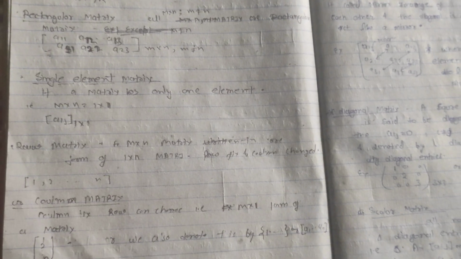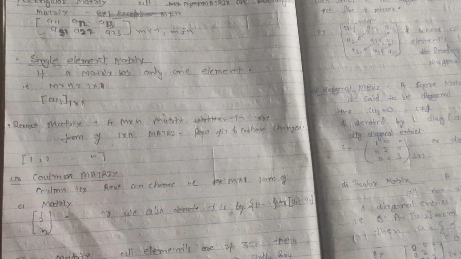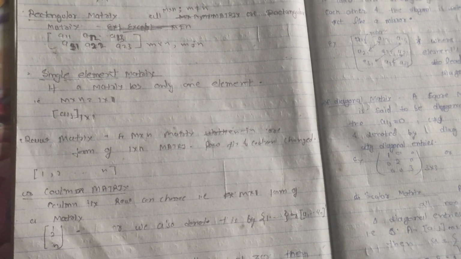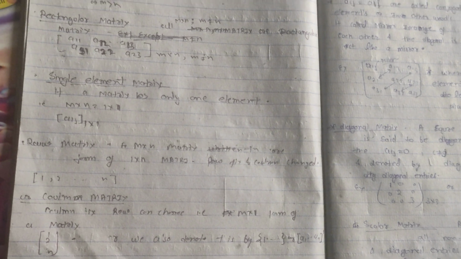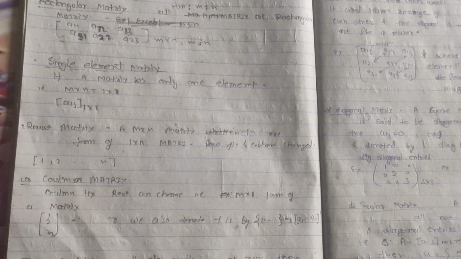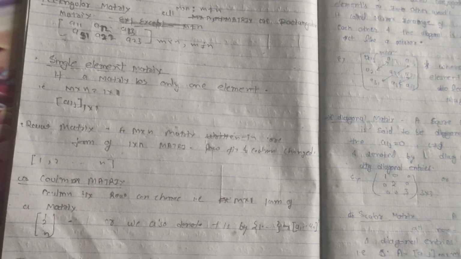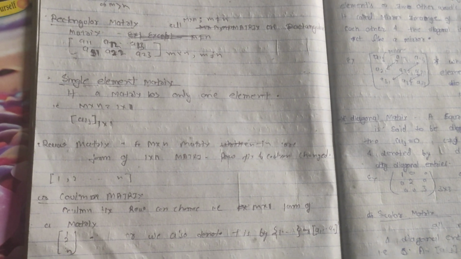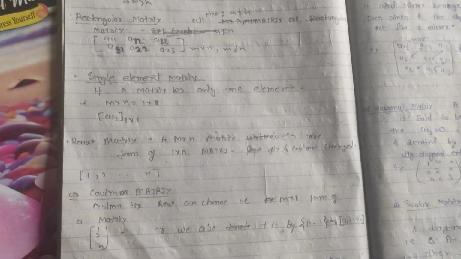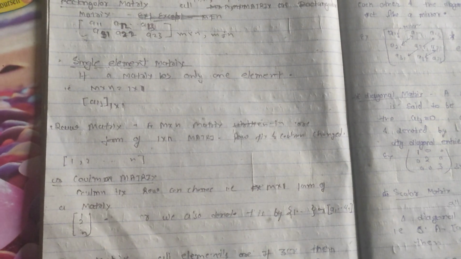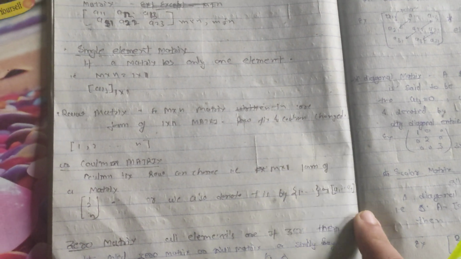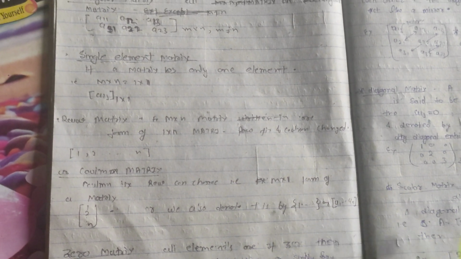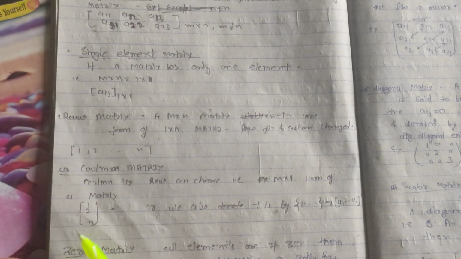And when we talk about a column matrix, the number of rows can vary, but there is only one column. It is said to be a column matrix.